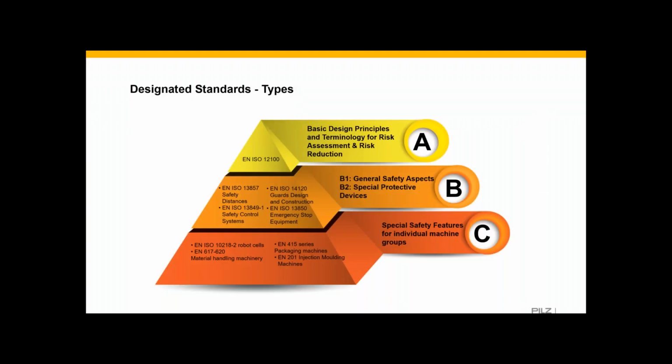So standards. So a recap really of the structure of standards. They're broken down into three tiers really. So we have A standards, of which there's only one, which is ISO 12100 for safety of machinery, general principles for design, risk assessment and risk reduction.